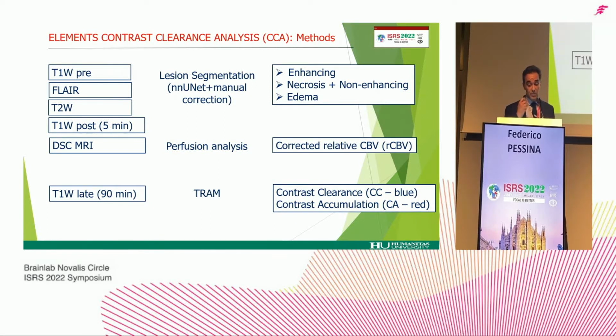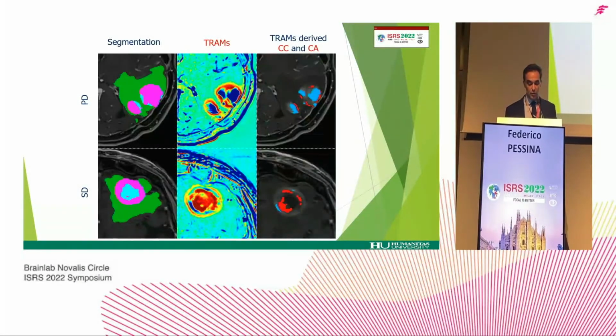This is the paradigm of the MRI technique: T1 early and delayed with contrast enhancement, diffusion imaging, and then the reconstruction of the contrast clearance or accumulation, with clearance pure in blue.